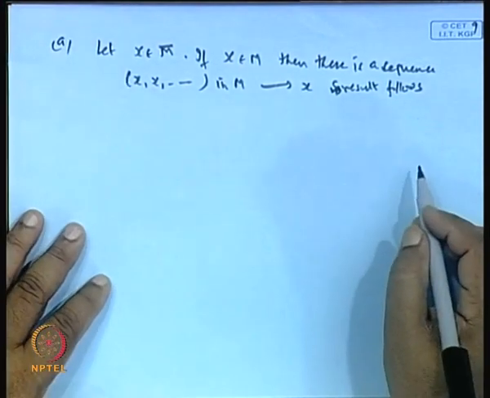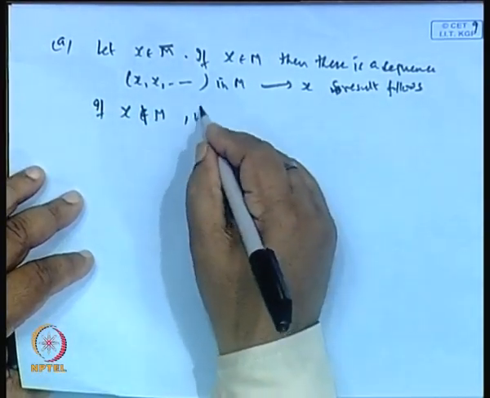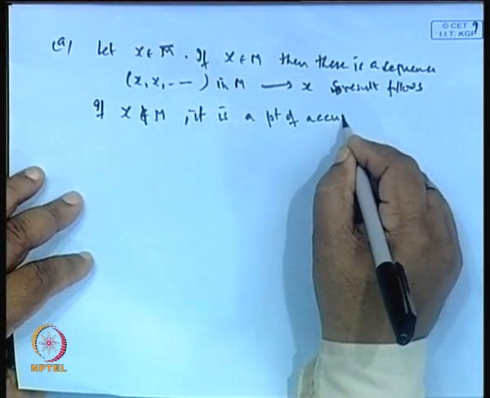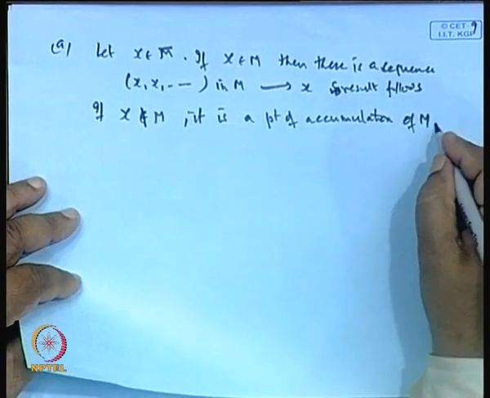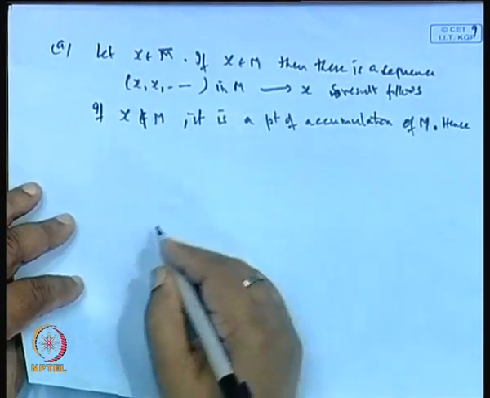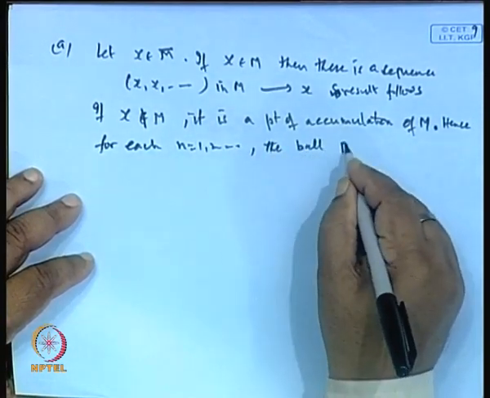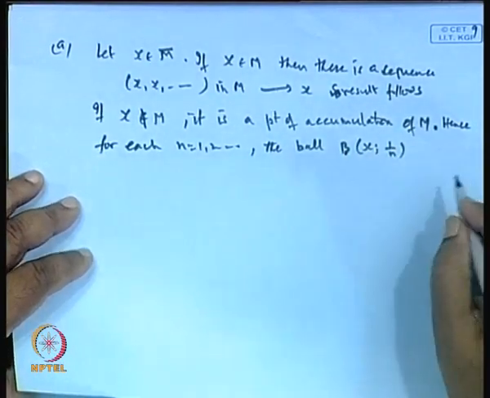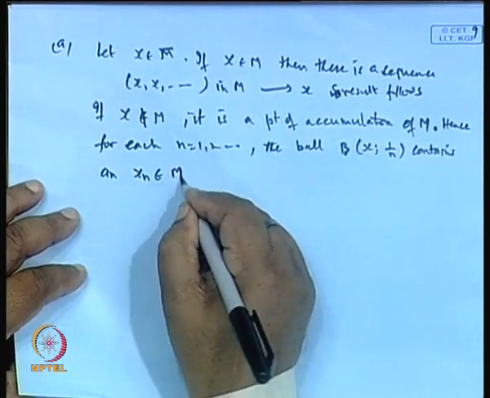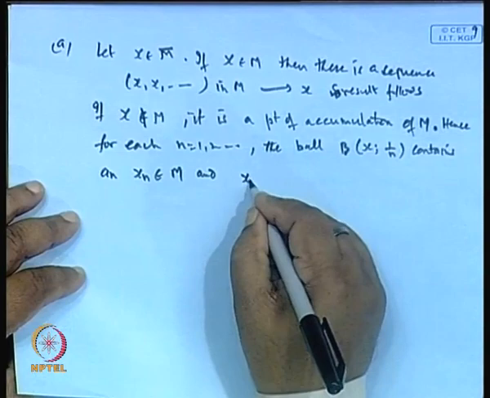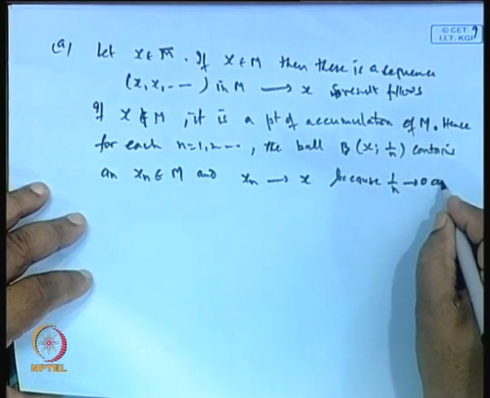Now, if x is not in M, then it will be a limit point, a point of accumulation of M. If it is a point of accumulation, then for each n, say 1, 2, 3 and so on, the ball centered at x with radius 1 by n contains an x_n belonging to M, and this sequence x_n will go to x because 1 by n is tending to 0 as n tends to infinity.